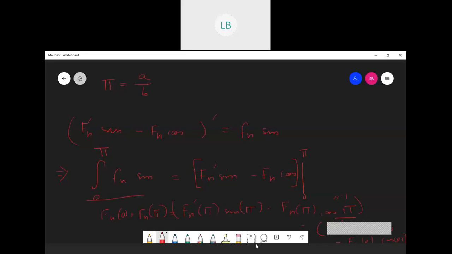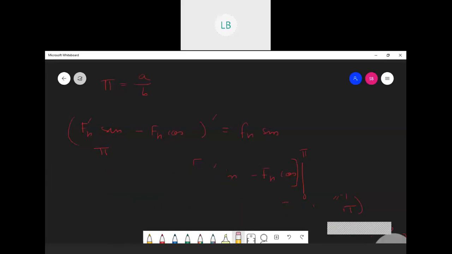Let me know. So we concluded that the integral from 0 to pi of small f n sine will give you capital F n 0 plus capital F n pi. Clear to all of you? We are using our claim 2. Fine. Let me write down the conclusion here.